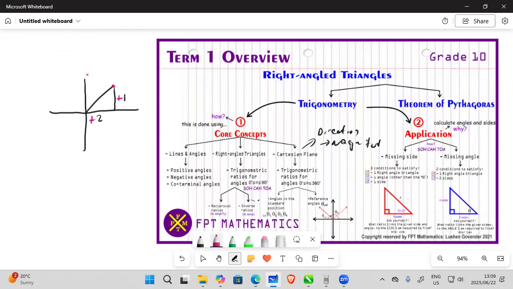So the plus tells you the direction. This is going up, this is going to the right. And the 2 tells you by how much. And so why this is so important is because when you output answers from it, you have to give both the magnitude and the direction. This is why that plus and that minus sign is so significant, right?